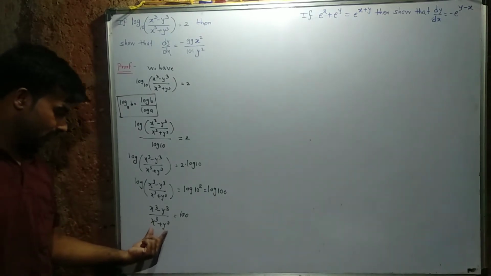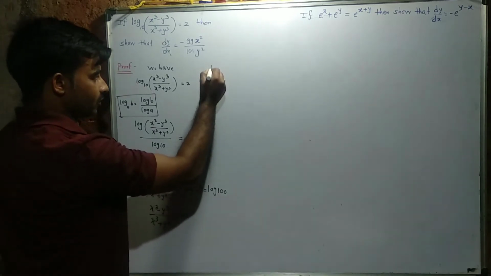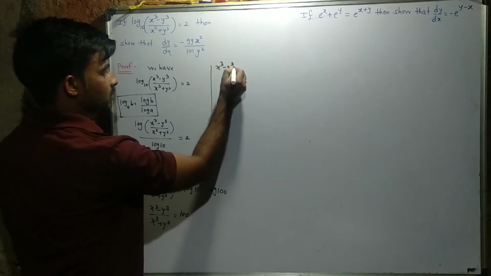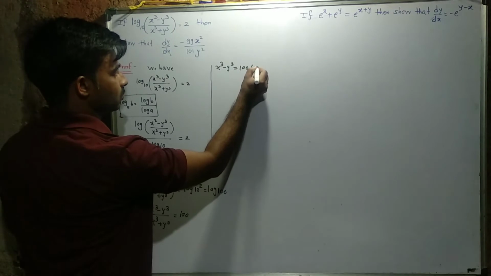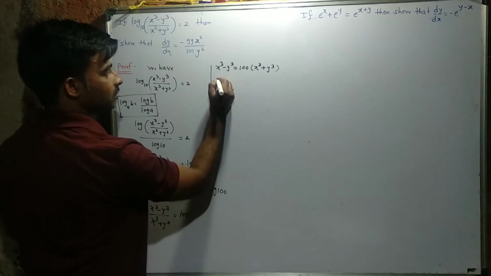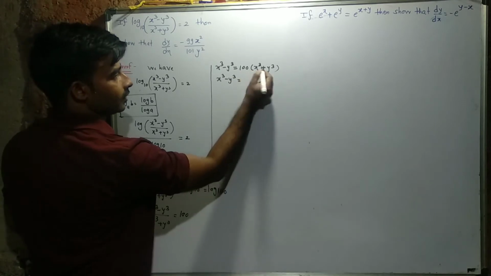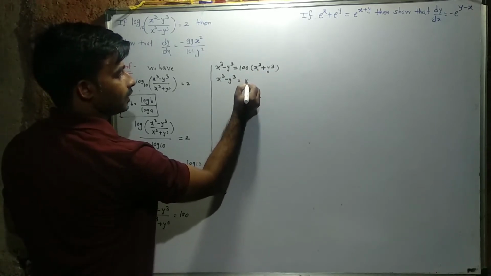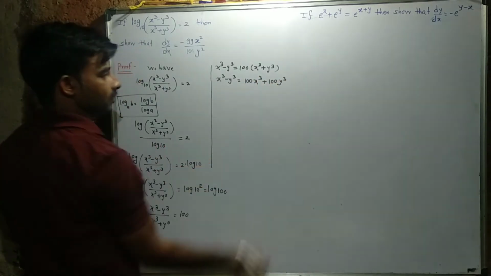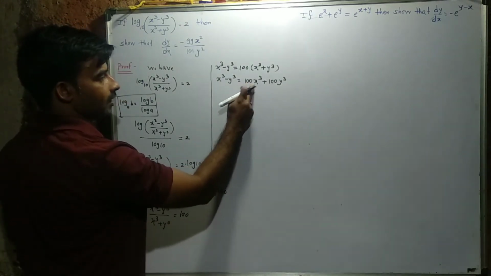Then this quantity is divided here, so it is multiplied here. You will get x cube minus y cube is equal to 100 into (x cube plus y cube). Then multiply this 100 inside, you will get x cube minus y cube is equal to 100 x cube plus 100 y cube. Then we can transfer the y cube and the 100 x cube.